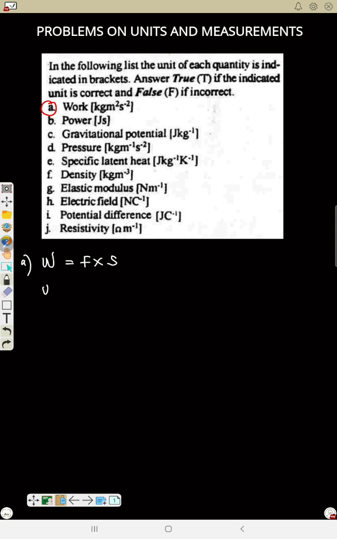So for work done, we can split force further to get mass times acceleration times displacement.